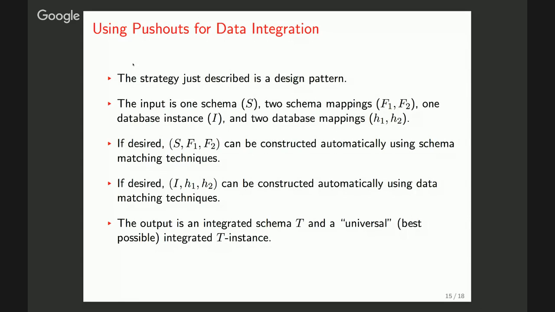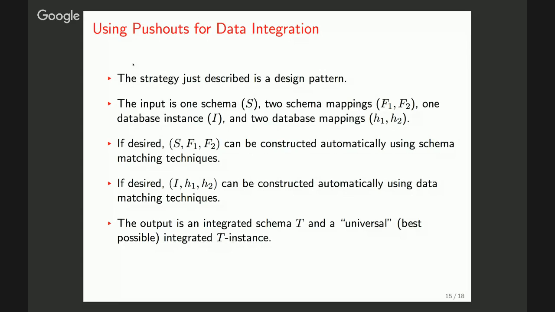So these are essentially the knobs you have to twist. To summarize, we assume that two input schemas S1 and S2 are fixed and two input instances on those schemas are fixed. Then the knobs that you have to turn to specify your data integration are one other schema S, two mappings F1 and F2, one database instance I, and two morphisms or mappings of databases.